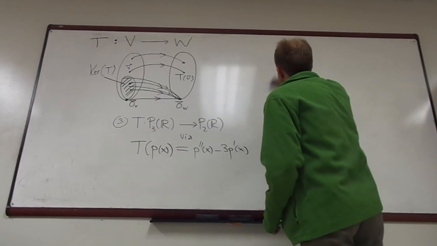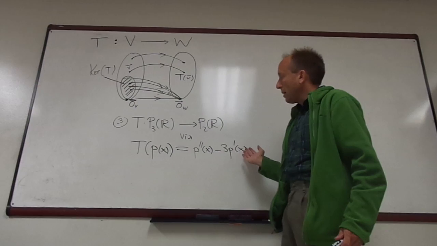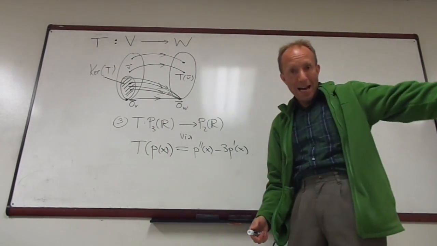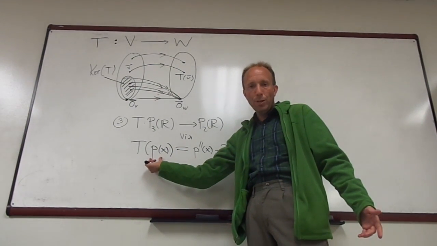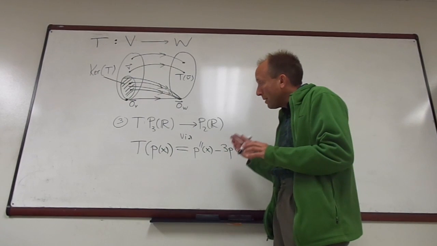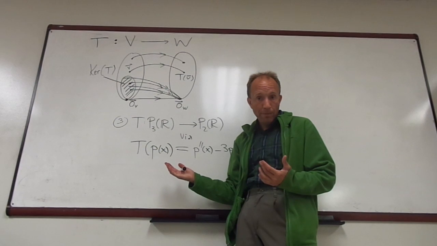Now, in this case, the problem is a little bit harder because I didn't write out the polynomial in terms of powers of x. I wrote it kind of in this very simple abstract form. This simple abstract form actually is an advantage when you're showing that T is linear.